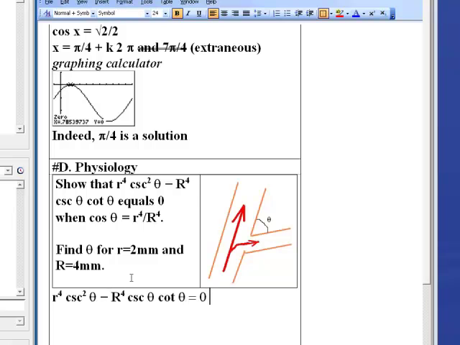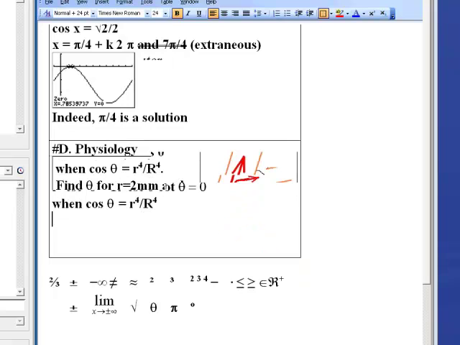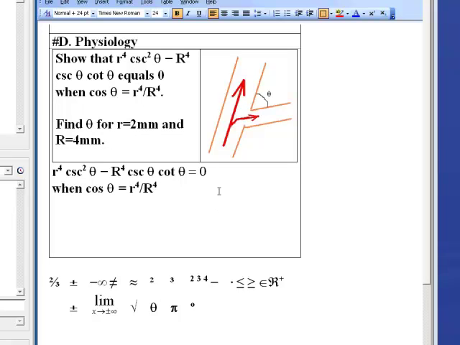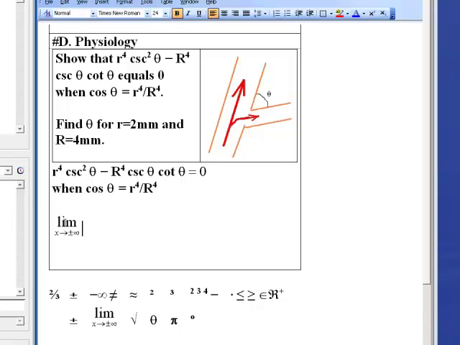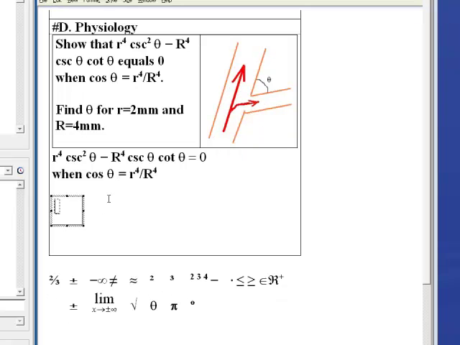equals 0 when cosine theta equals r to the 4th over R to the 4th. So we'll do that. And I believe I'm going to use the equation editor for that. This one is just to show a neat application for trigonometry.